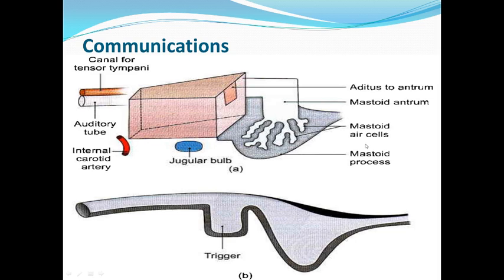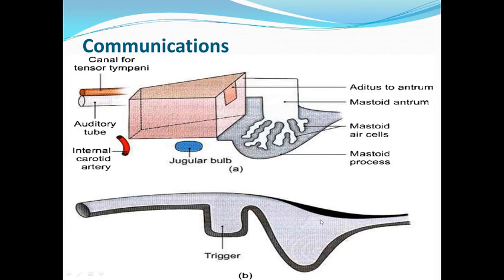Now you can see in figure B that the middle ear is likely a pistol in the sloping course of the aditus. This is the aditus, and this is the sloping course of the aditus, and this is the internal ear. This whole figure resembles a pistol in which the middle ear cavity seems to be like a trigger.